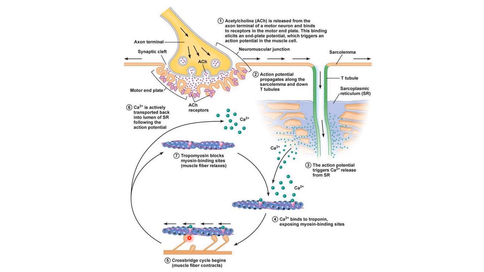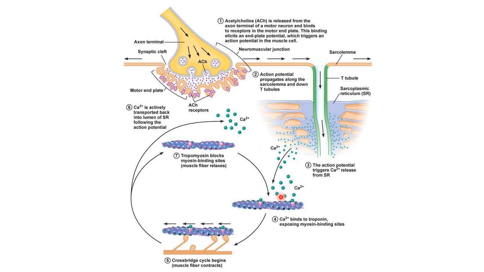Then the ATP will be converted to ADP plus Pi, and again myosin will be available for binding to the actin filament.